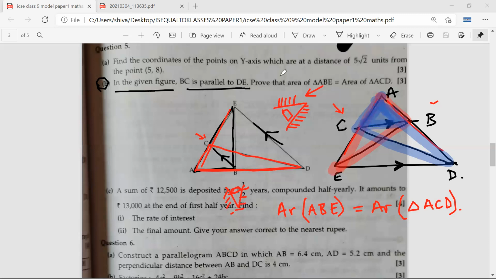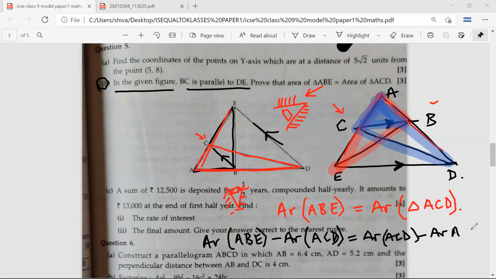When I subtract this from both the sides, what do I get? Area of ABE minus area of ACB, area of ACD minus area of ACB.